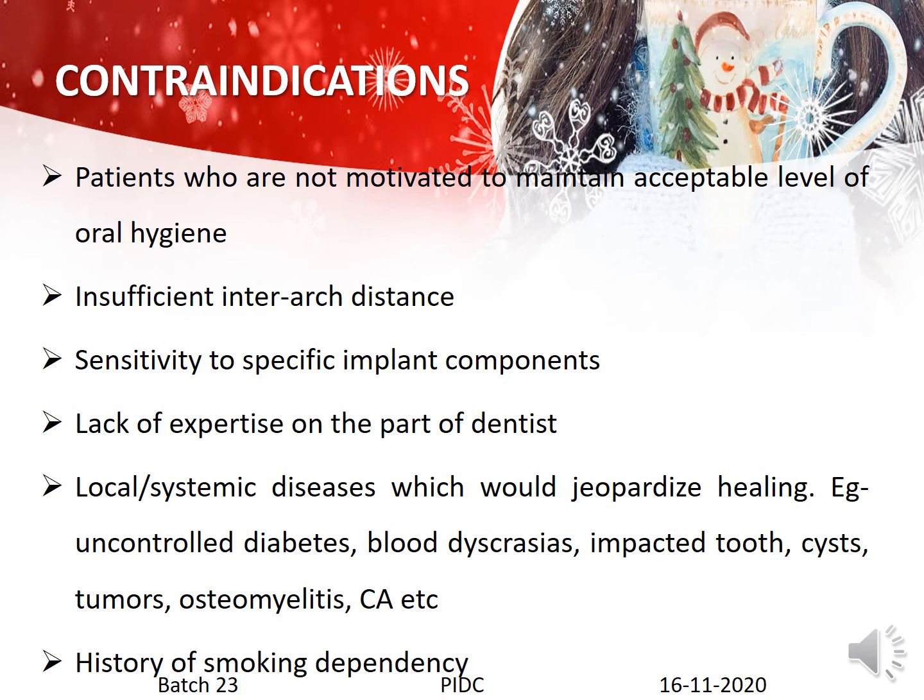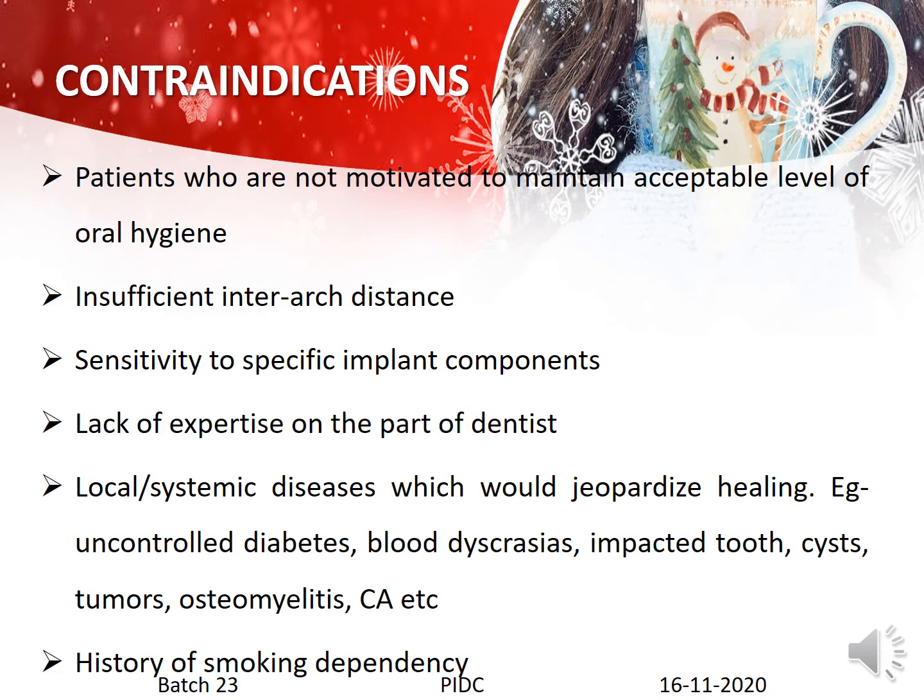Next, coming on to the contraindications. This is a very important contraindication. Patients who are not motivated to accept proper good oral hygiene measures are totally contraindicated for this procedure. As I told you already, junctional epithelium is more permeable here and less adherent, and therefore try to defer such patients, try not to do implants in such patients, or motivate them to maintain proper oral hygiene and then go for the placement of the implants.